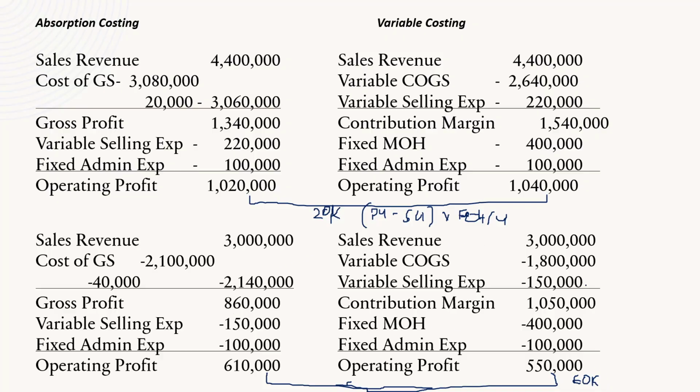Bakit yan 60,000? Production is 18K. Sales is 15K. So 3,000 difference times the FOH per unit of 20. Tama naman, no?